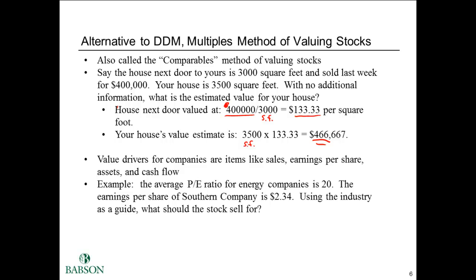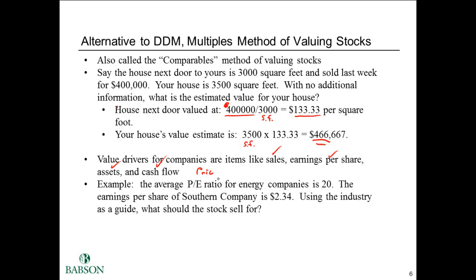Companies are valued this same way, except when you think about the value drivers for companies, we can think about things, what do investors pay for? They pay for future sales, earnings per share, assets, cash flow, and there are other items as well, but those are the ones that we see that's most common. So, for example, a PE ratio, what's that?